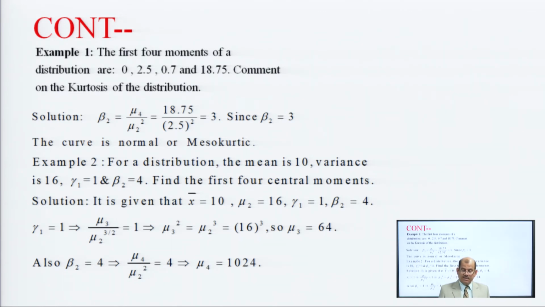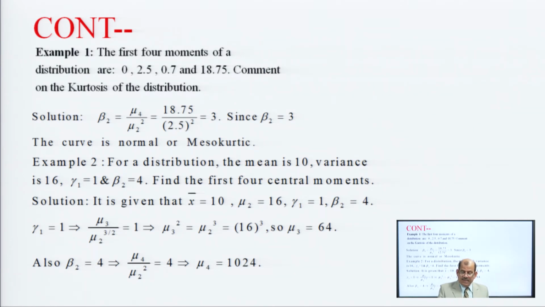Solving it, we get 3. Since beta 2 is equal to 3, the curve is mesokurtic. Gamma 2 is equal to beta 2 minus 3, which is 3 minus 3 equals 0, so we get a normal curve.